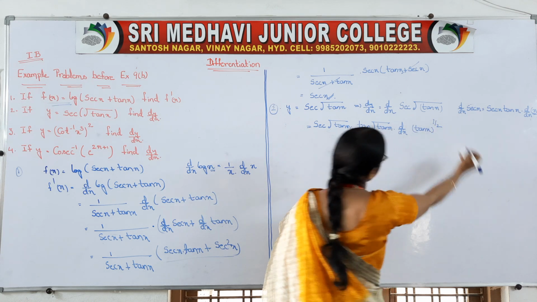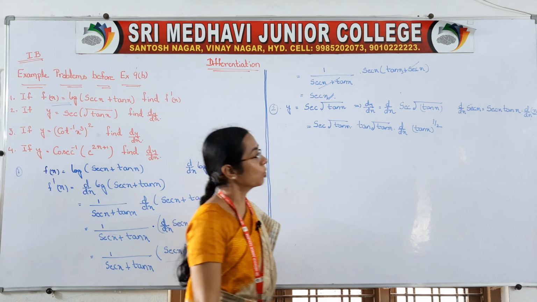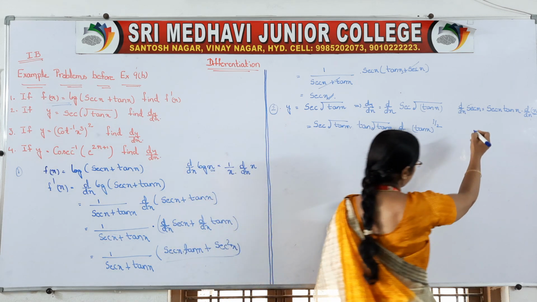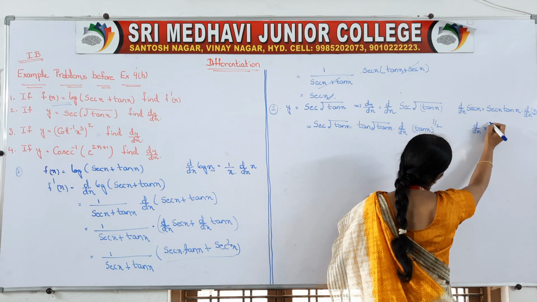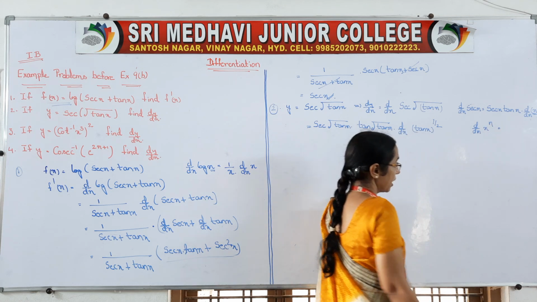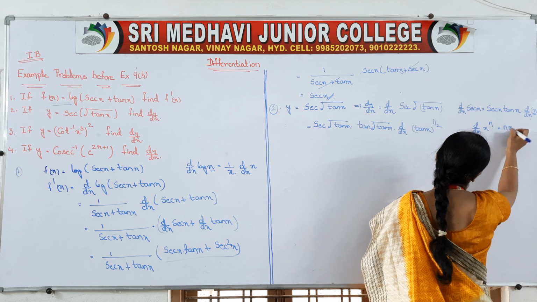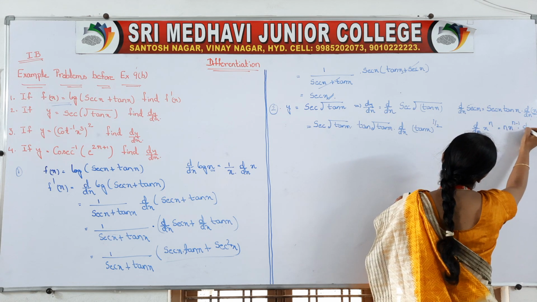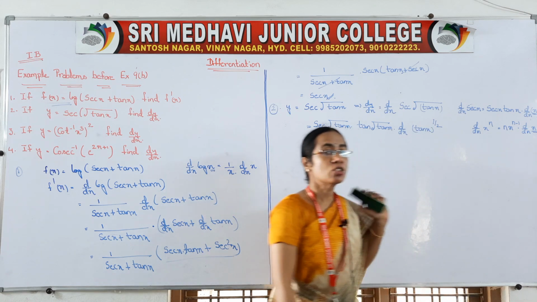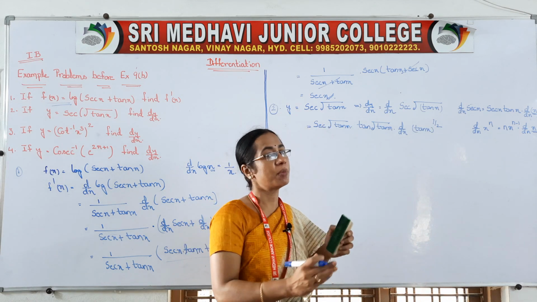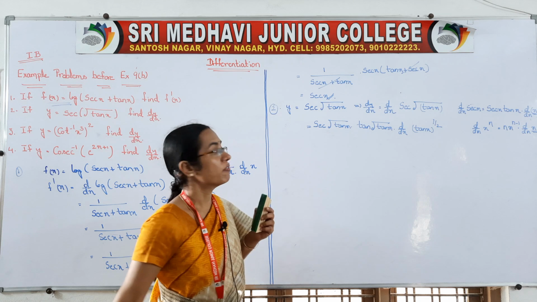We can write that as tan x to the power of 1 by 2. Whenever a variable has a power n, we write n into x to the power of n minus 1 into d by dx of that variable. Consider x as some variable; instead of x, we can have any variable.